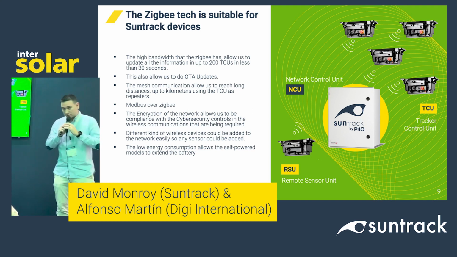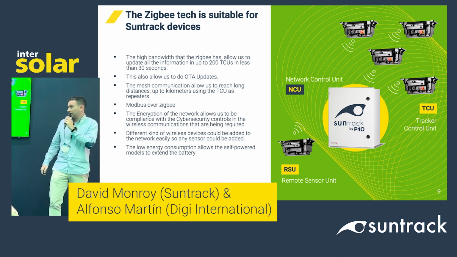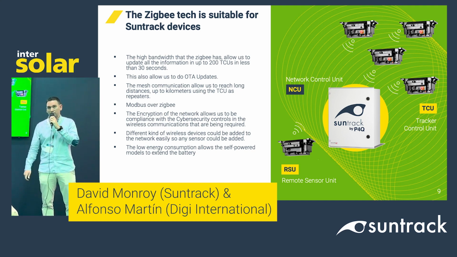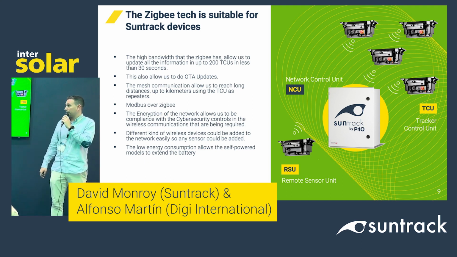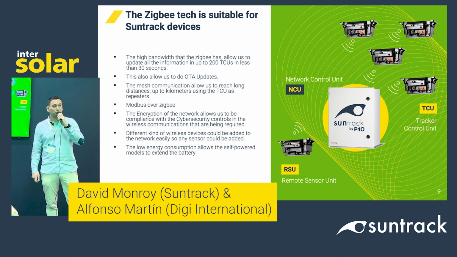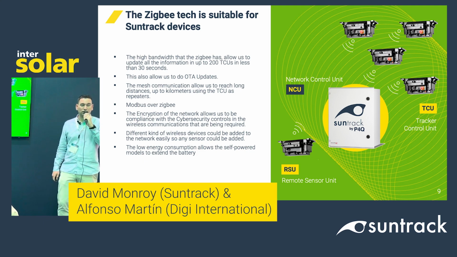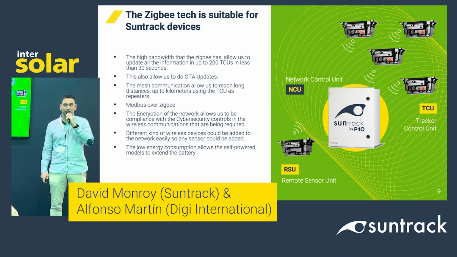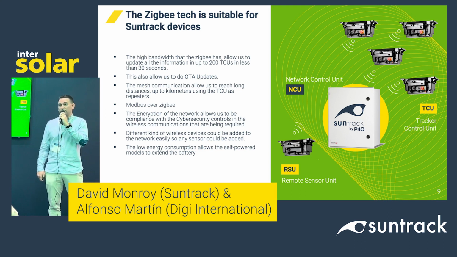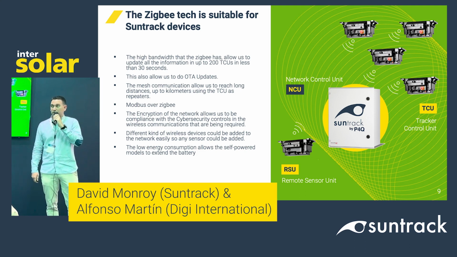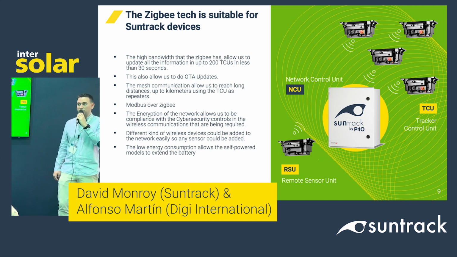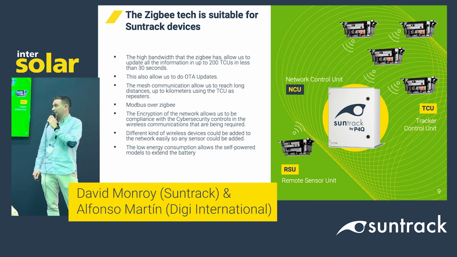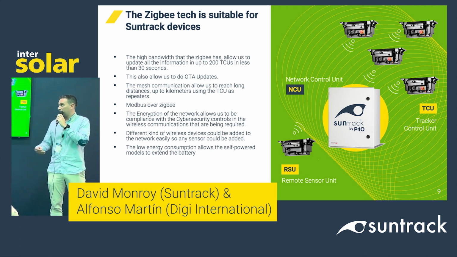Okay. So first of all, we are using Zigbee in our devices because we are able to update a lot of information on each of them every 30 seconds with encrypted communication. When we are using non-encrypted communication, it is faster, about 15 seconds.